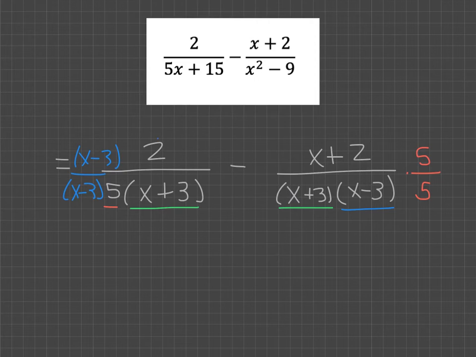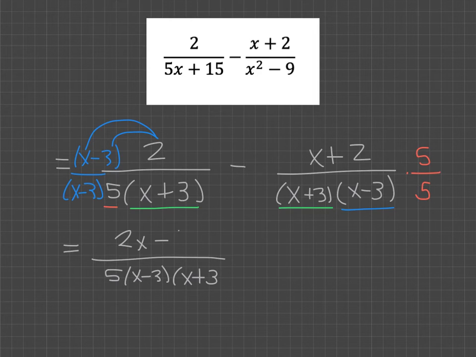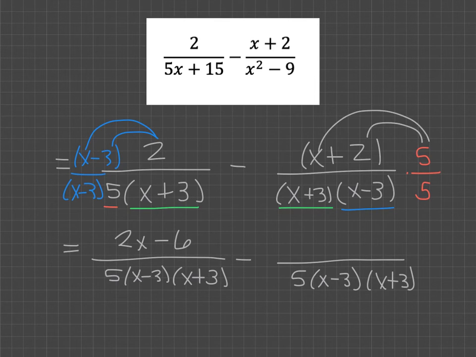And we have to remember we're distributing that 2. So our common denominator is 5 times x minus 3 times x plus 3. The numerator after we distribute is 2x minus 6. And then our other rational expression has the same common denominator, and we distribute that 5, so 5x plus 10.